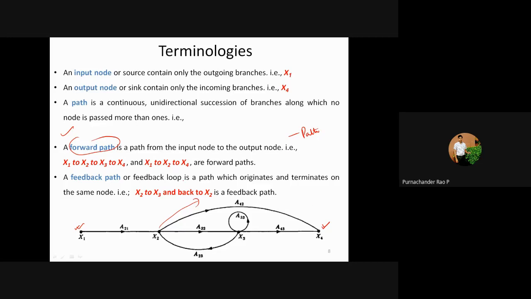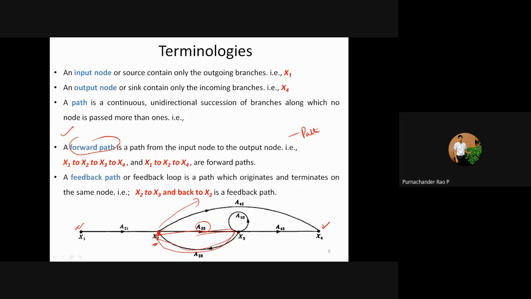And next, there is a feedback loop. Whenever you start from a node, traverse in the forward direction and come back to the same node, that is called a loop. Here, moving from x2 to x3 with a gain of a32 and coming back to x2 is one loop.